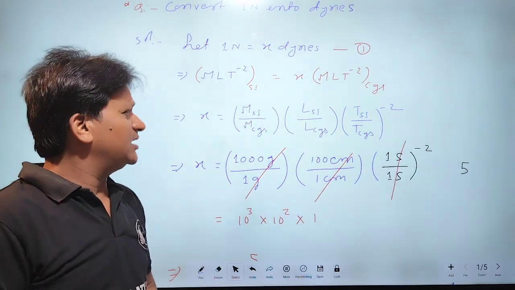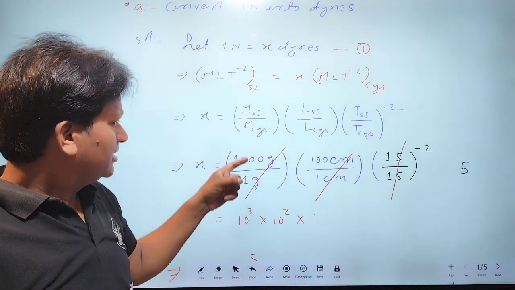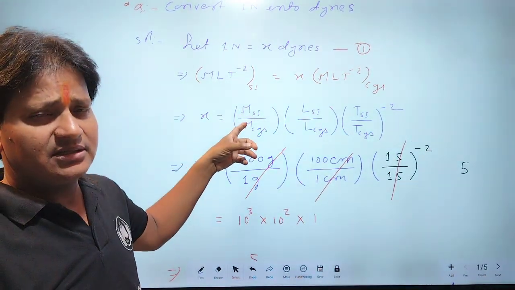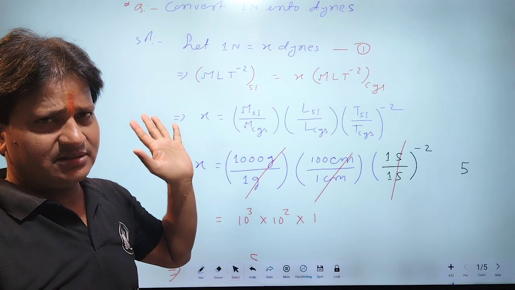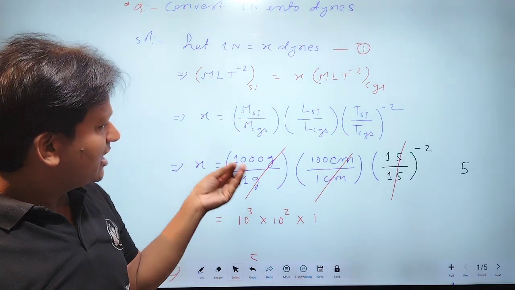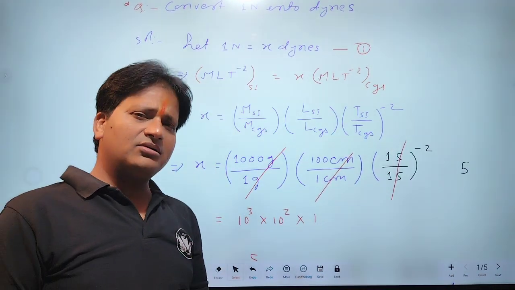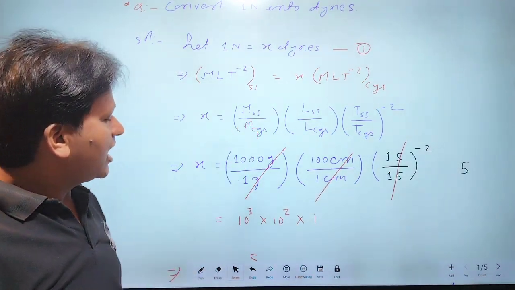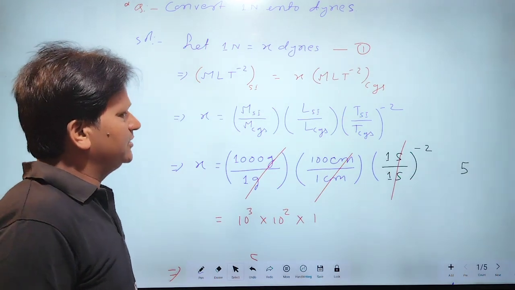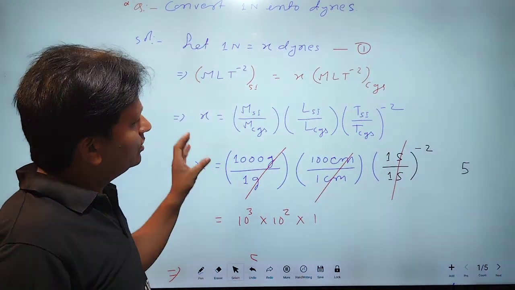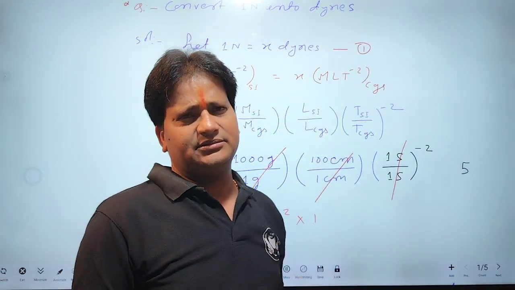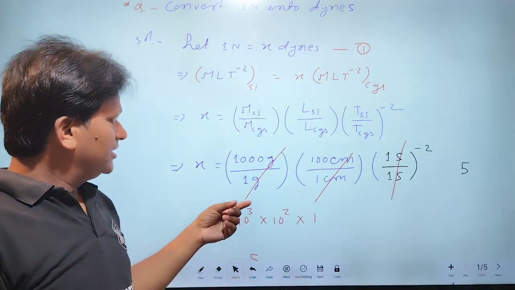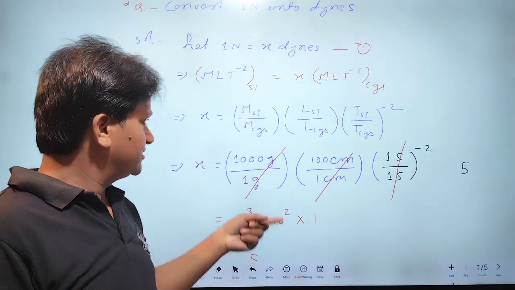You can convert both numerators and denominators in same units, in SI or CGS. Now I am going to convert all the quantities into CGS.